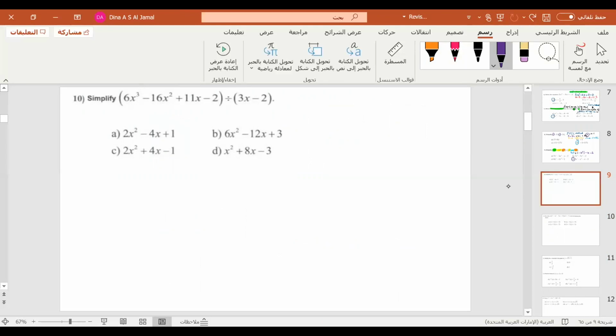So let's solve one of them by long division, one of them by synthetic division. So the question is that simplify, and he gave you a polynomial, and he gave you that it is divided by a binomial. So let's try the long division first.